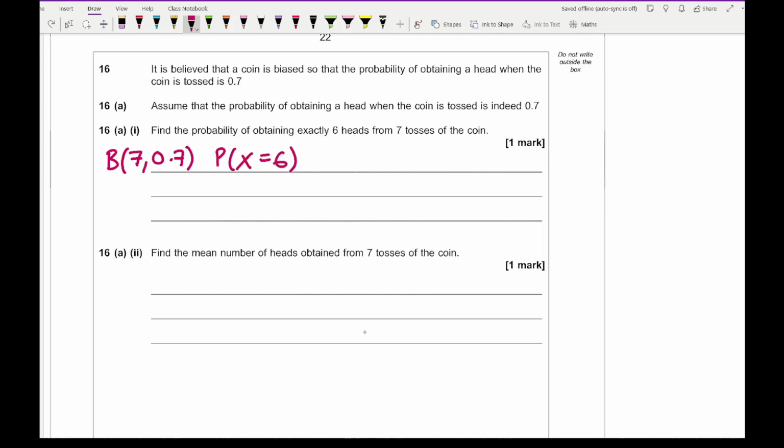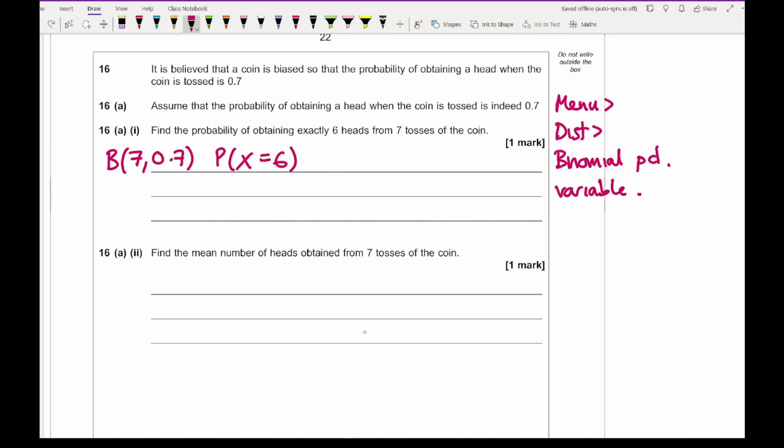Now if you've got the Casio calculators, go to menu, then distribution, then binomial, and we want PD because we want the exact values. Let me just double check that that is the path, and yep, we want variable.